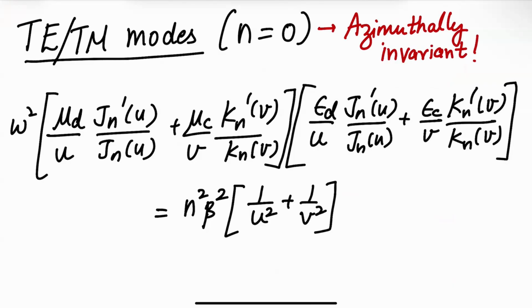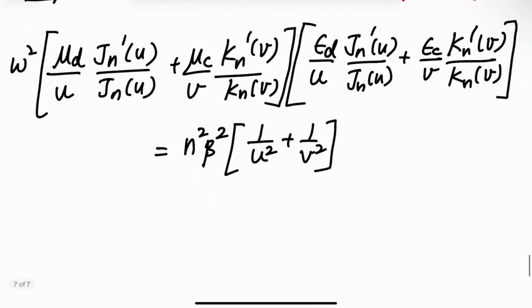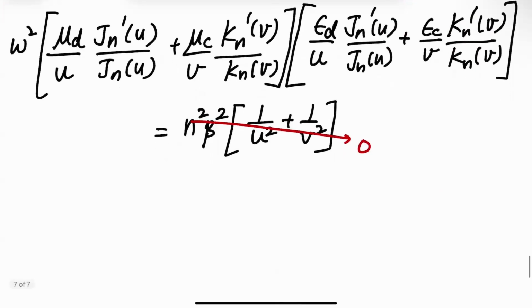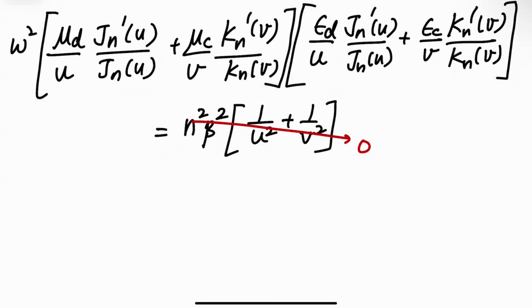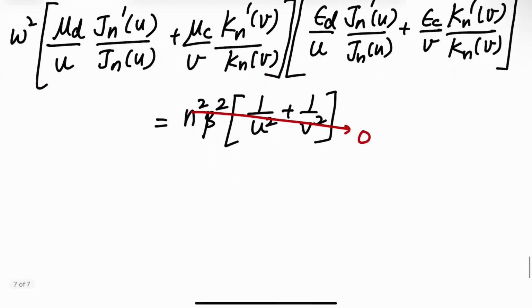Okay, so under this condition, it becomes easy to solve the transcendental equation because the right-hand side goes to 0, right? So now you end up with two equations. This is equal to 0 or this is equal to 0. And we'll show that each one corresponds to either the TE or the TM mode. Okay, so what are the two equations?